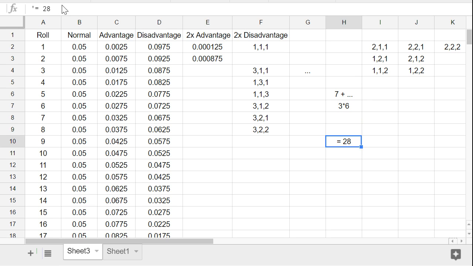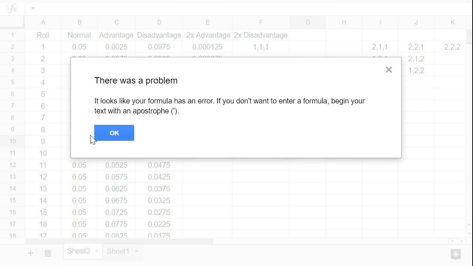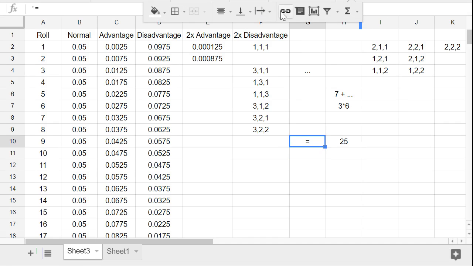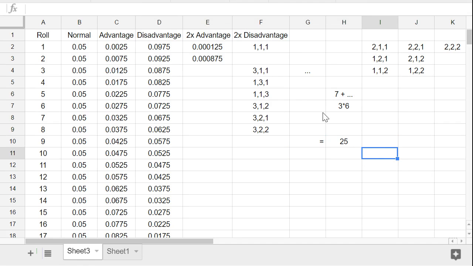So 7 plus 18. Okay, so it looks like there might be 25 possibilities.